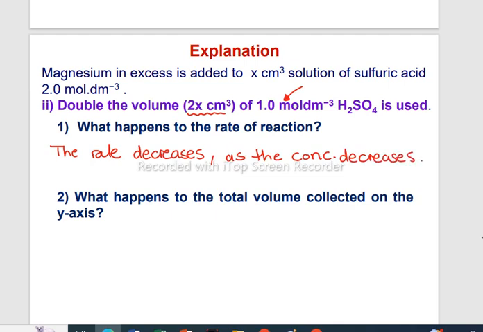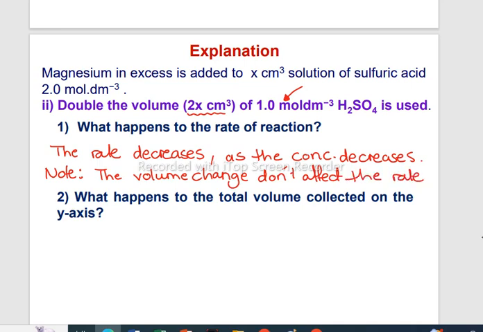I'm going to write here a small note to remember: the volume change does not affect the rate of reaction. So the volume of an aqueous solution will not affect the rate.